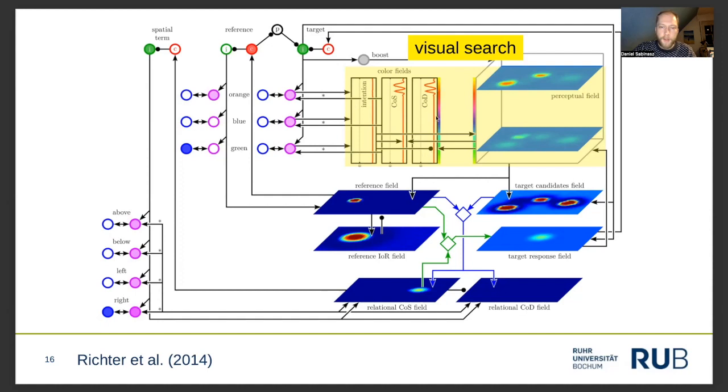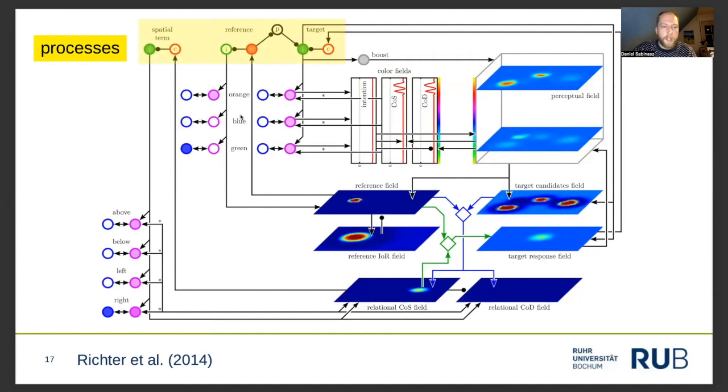These fields I'm not going to address now, but they essentially allow the model to detect whether an object with a certain color has successfully been found. A major novelty in this model is what I referred to already, a process organization system.